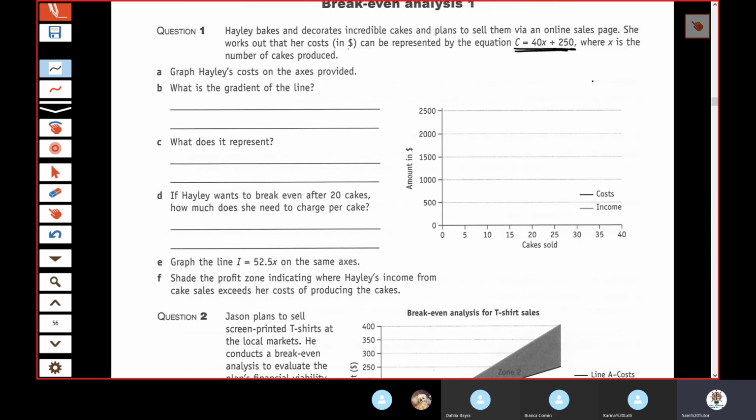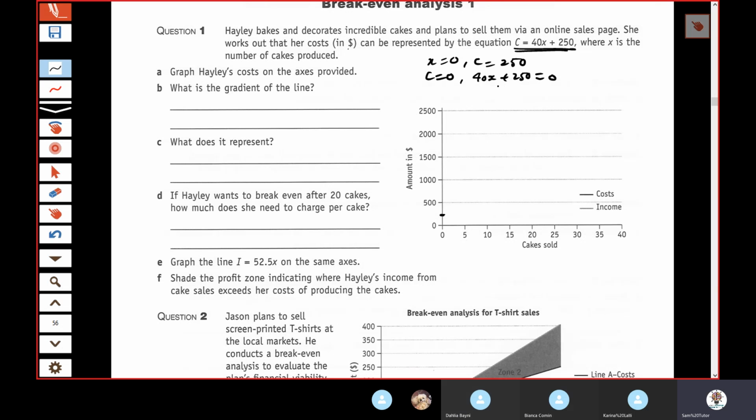See how you're not going to do a table of values? So when X is 0, you get cost is 250, which you know is the Y intercept. Right there. When C equals 0, you get 40x plus 250 equals 0. Do we all understand that? Mm-hmm.